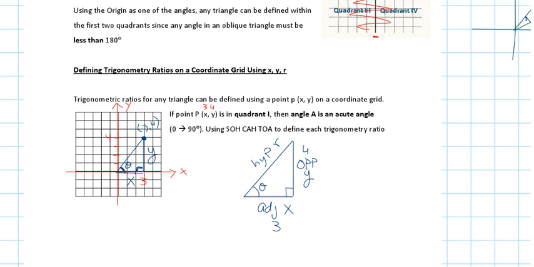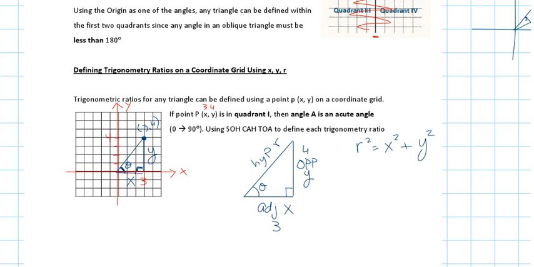So, first of all, I'm going to find R, or the hypotenuse. What do I do to find R? X squared. Good. Because R is C, or is the hypotenuse, which we used to call C. C squared equals A squared plus B squared. My A is X. My B is Y, or vice versa. Let's plug in the values.